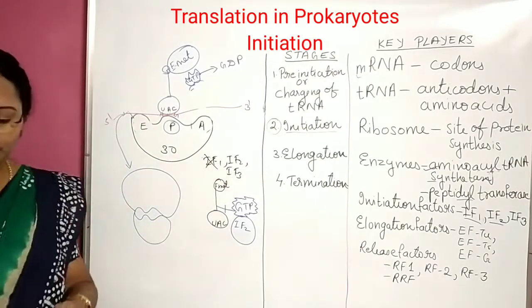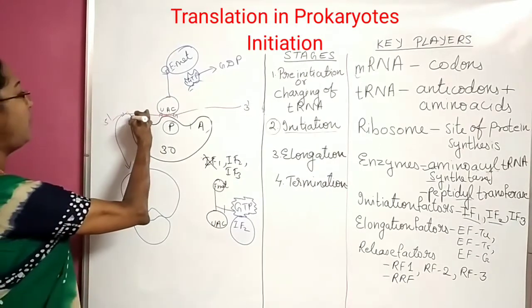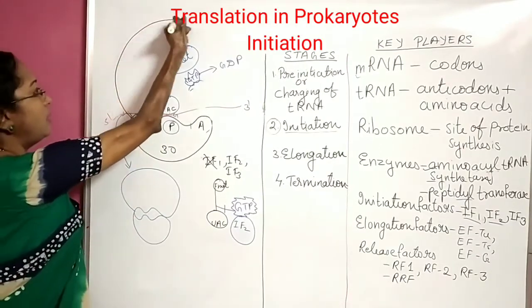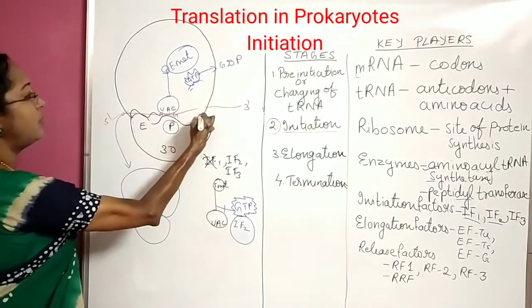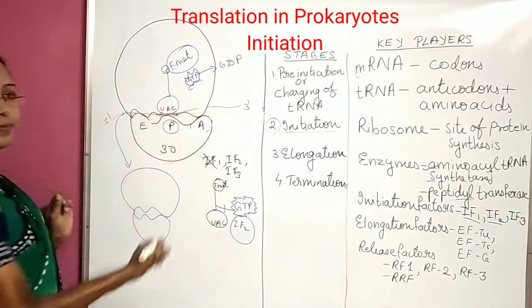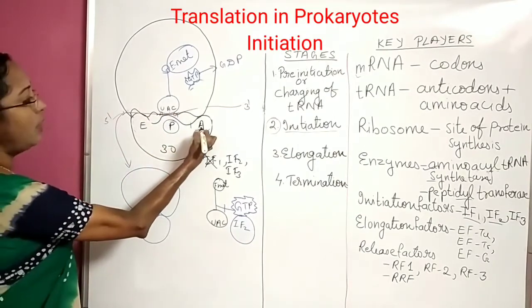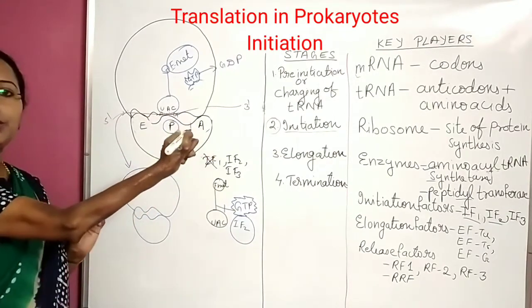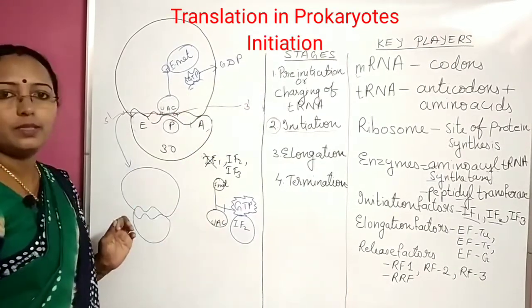So who can come? Yes. Now the large subunit is very happy. It can occupy the space. The large subunit has come. Now the A site is free. There is no initiation factor, so another tRNA can come and attach over here.